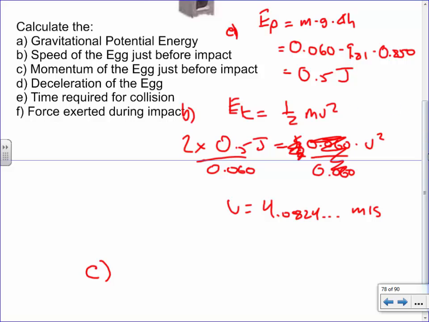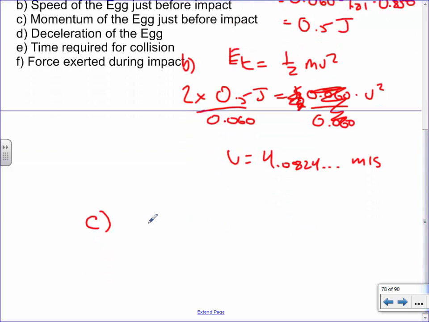Well, momentum of the egg is just your basic momentum formula, which is P equals M times V. So you want to go from here, just take your mass, which is that 0.060 again, and times by the velocity that we just calculated. If you can, you know how your calculator stores all the digits in there? Do you guys know how to reuse that number again?